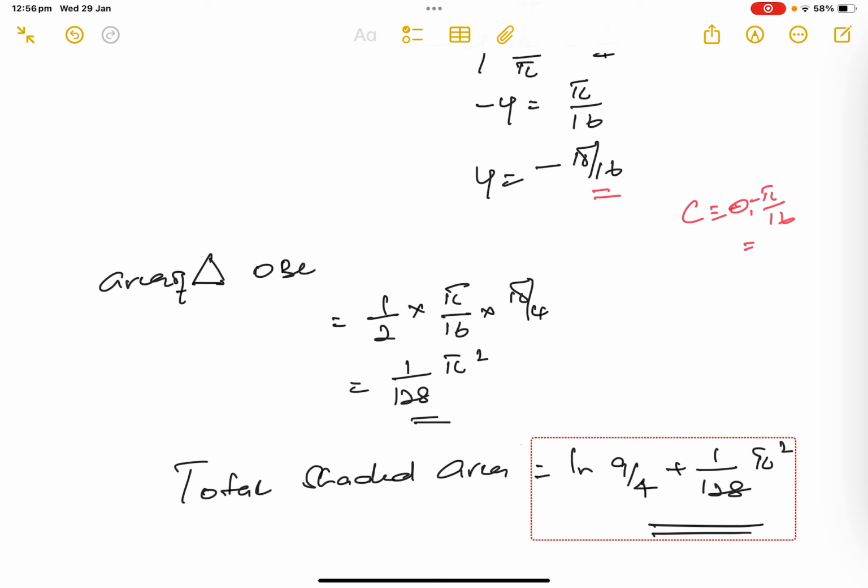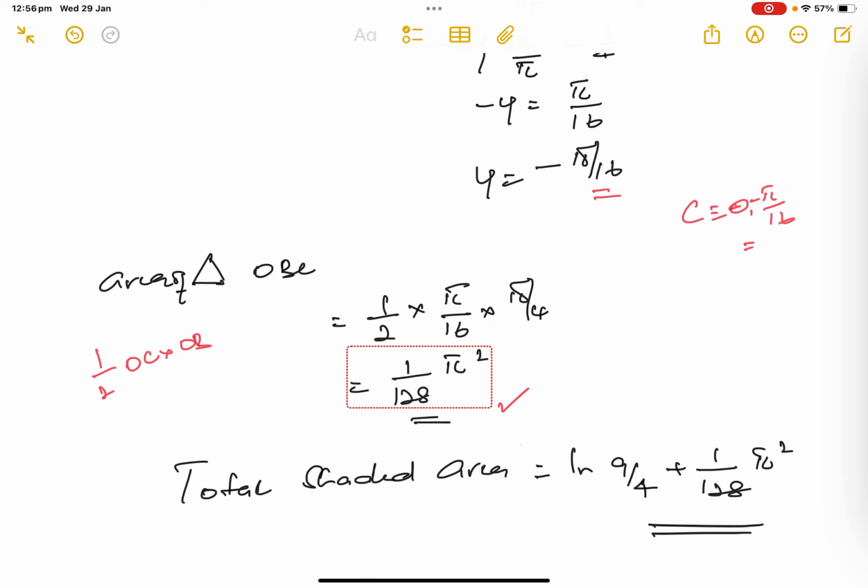So this is half times OC times OB. OC is the distance from O to that C, which is positive. It's a distance, always positive. So pi by 16. So half times pi by 16 times quarter pi equals 1 over 128 pi squared.